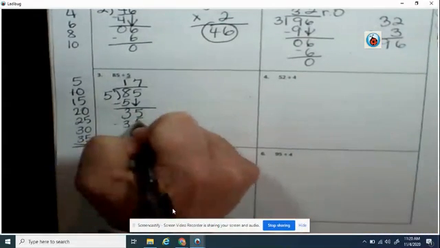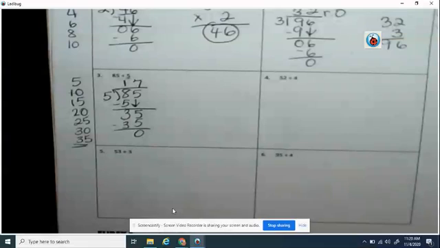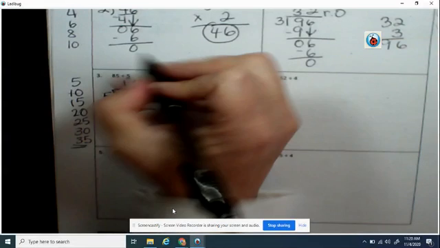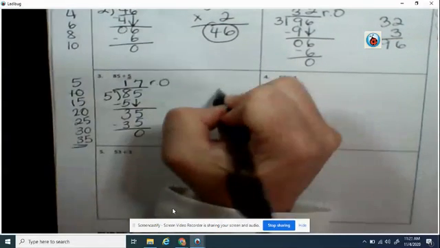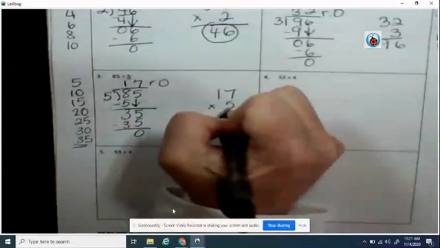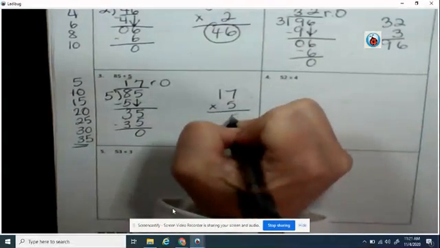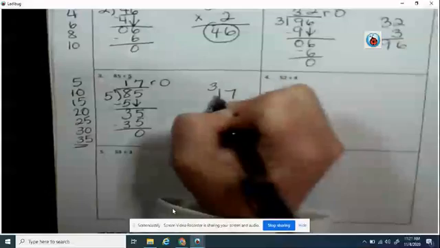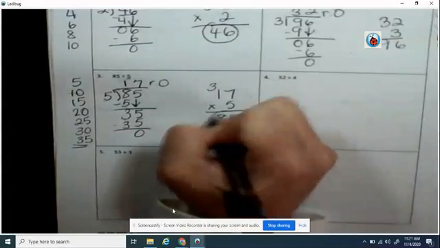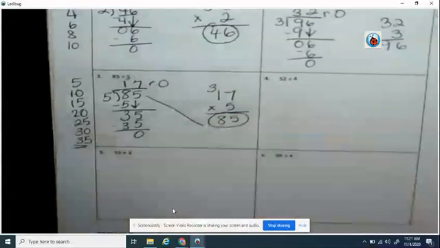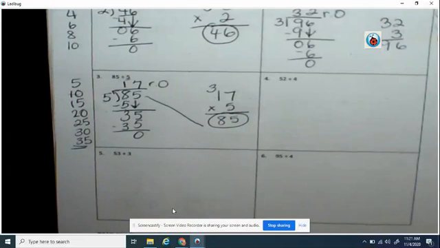So I have a remainder of 0. Nothing is left over. Remainder of 0. So 17 times 5. 5 times 7 is 35. 5 times 1 is 5 plus 3 is 8. 85, 85, they match. So I know I did that math correctly.